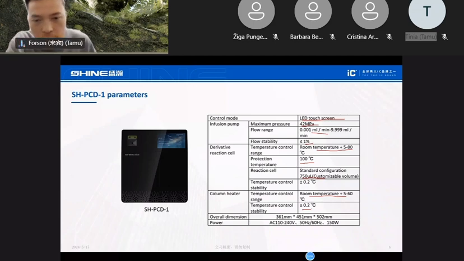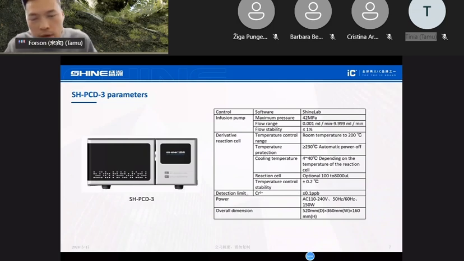And next are the dimensions and the power. And this year we have the new PCD3. This one, the parameters are here. We use software to control it live, and it also has a pump. The temperature will be higher than the first generation, and protects at 230.